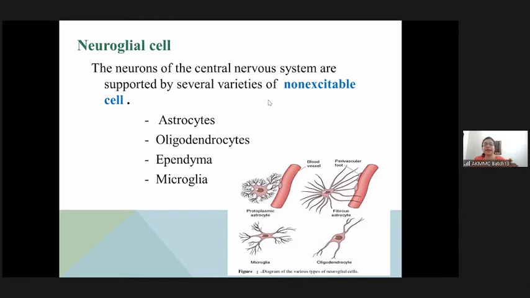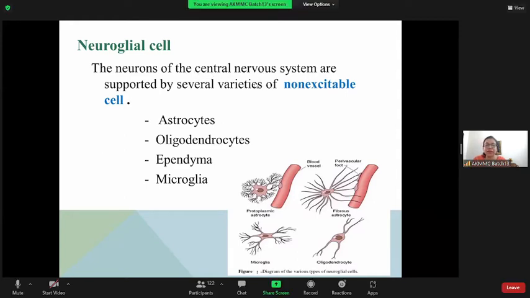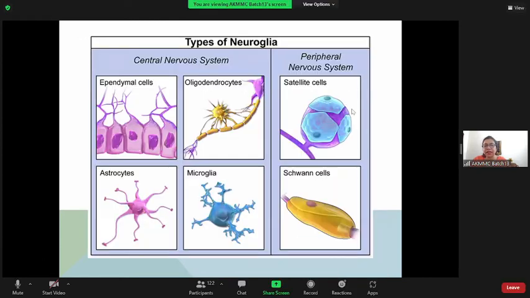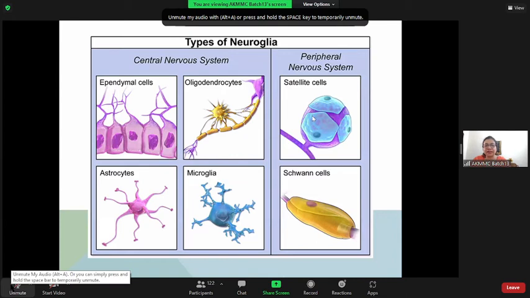Okay? Was it understood? These four types of cell we see, where are they? Inside the central nervous system. These are astrocyte, oligodendrocyte, ependymal cell, and microglia. All these cells we find inside the central nervous system. And in the peripheral nervous system we find Schwann cell and satellite cell.